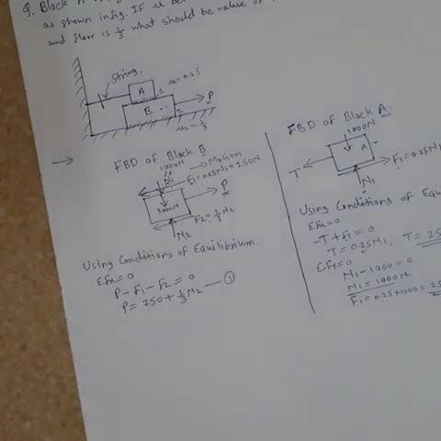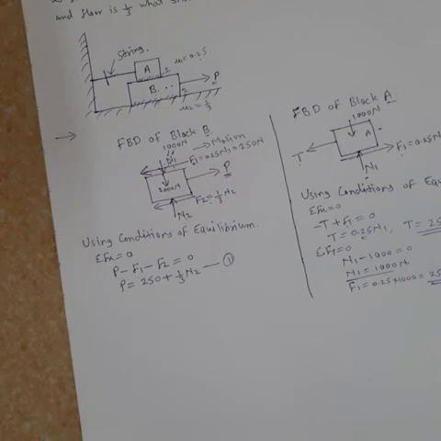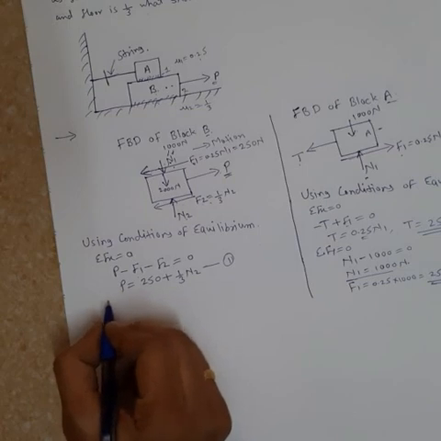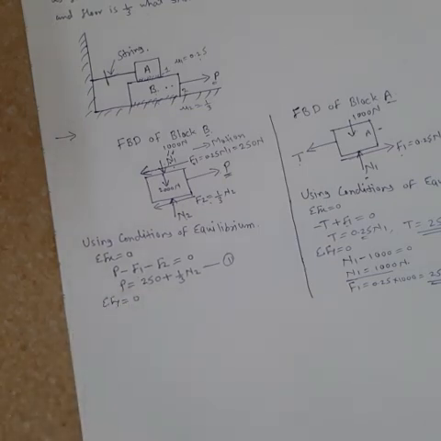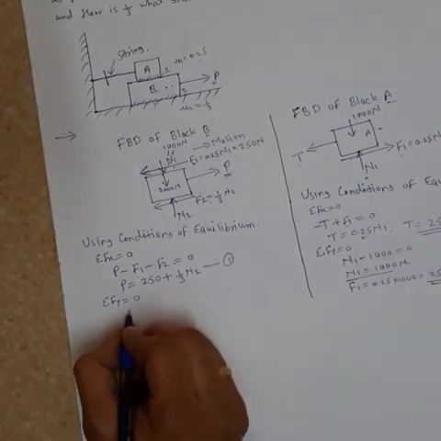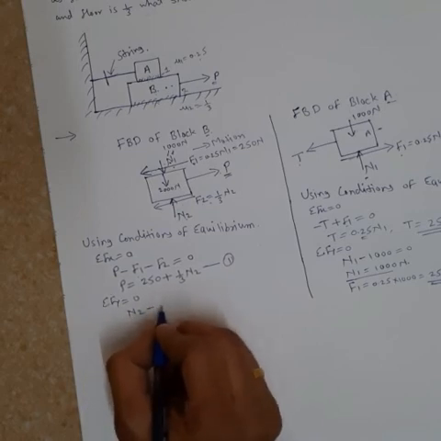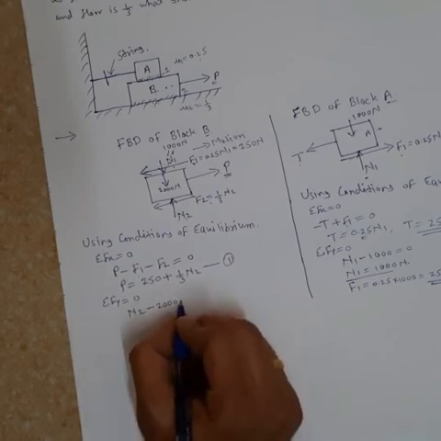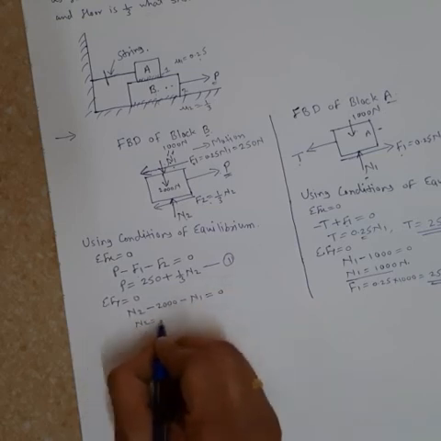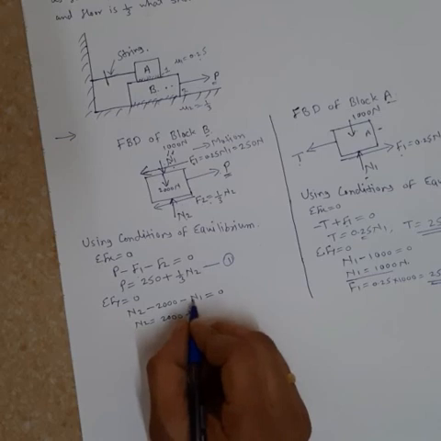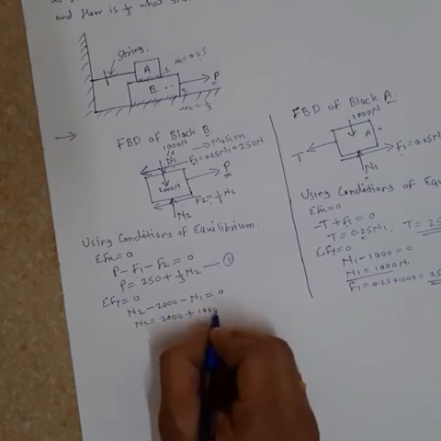So using that conditions of equilibrium we will solve that numerical. Again second condition, using the summation Fy is equal to 0, algebraic sum of vertical component of forces is equal to 0, so that will give us N2 minus 2000 minus N1 is equal to 0, so that will give N2 is equal to 2000 plus value of N1, it is 1000.